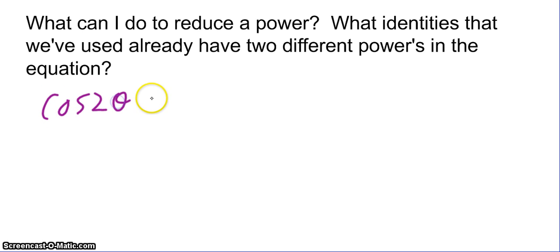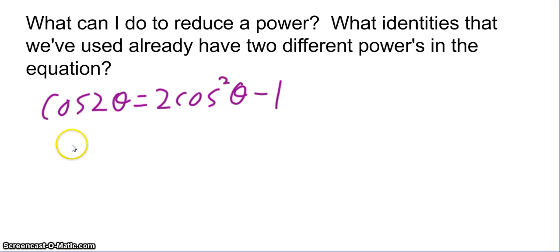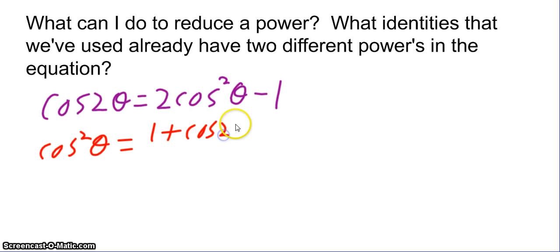So for instance, if I know the cosine of 2 theta is 2 cosine squared theta minus 1, and if I do a little basic algebra, I can solve this equation for cosine squared theta, and I end up with cosine squared theta is (1 plus cosine 2 theta) over 2.